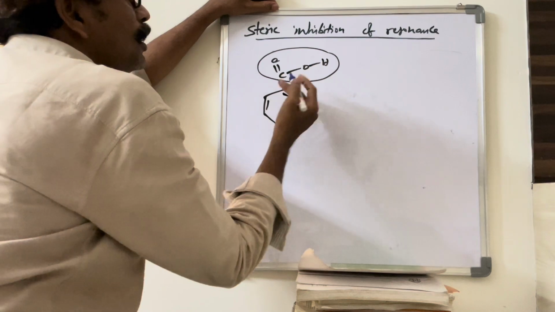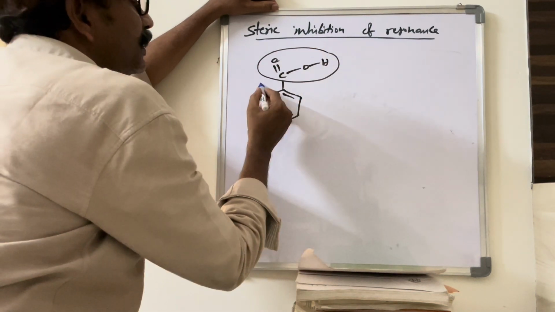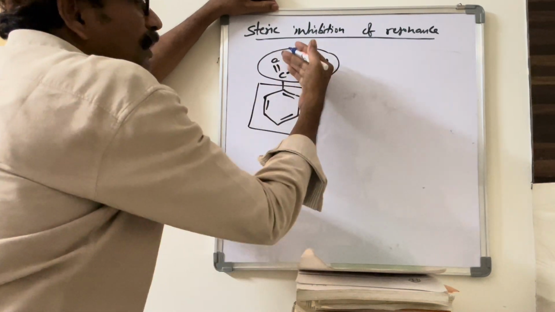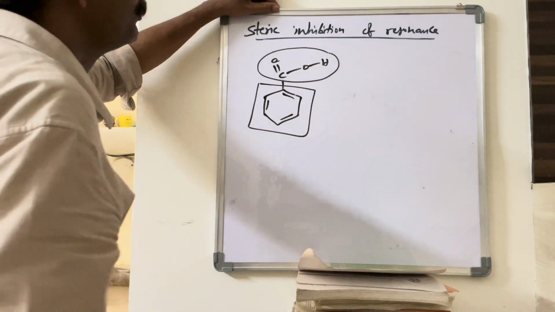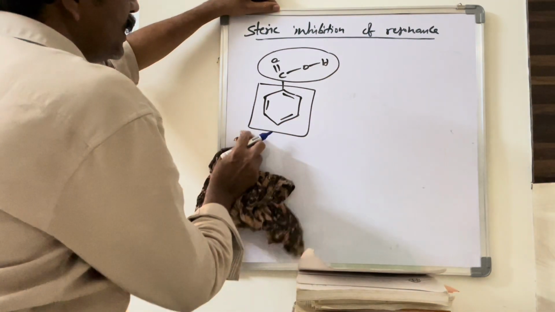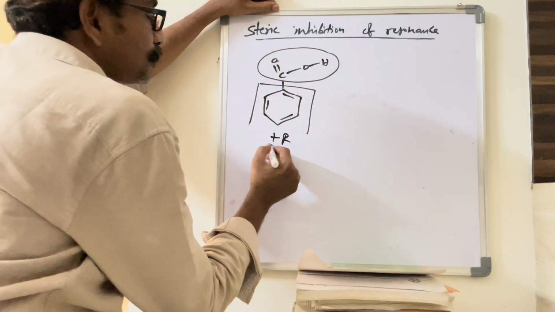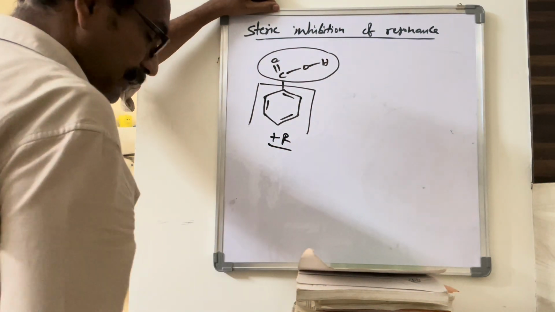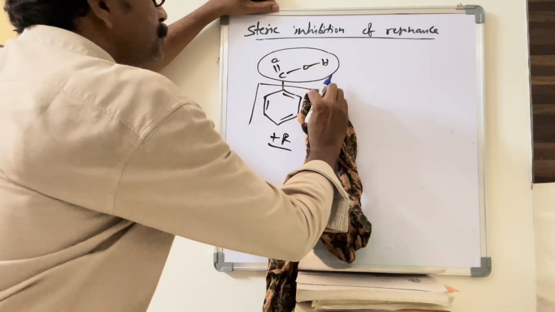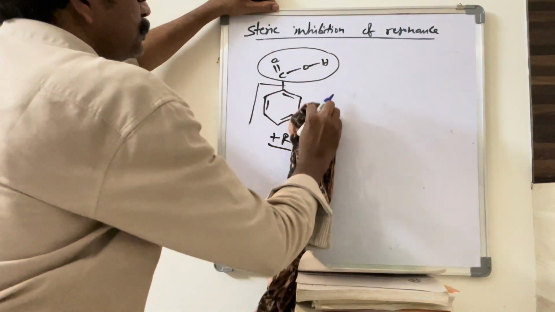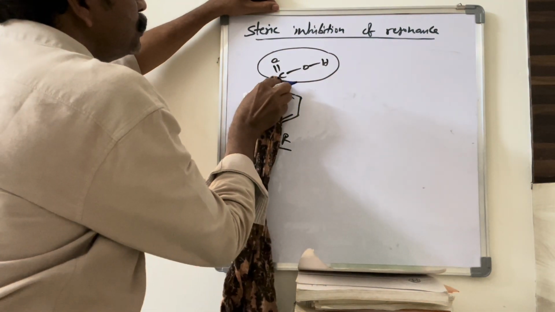That means both the carboxyl group and the benzene ring lie in the same plane. As a result, the benzene ring can access the +R group.